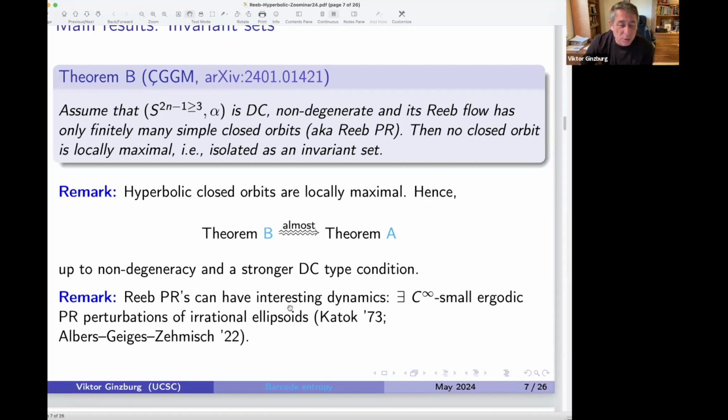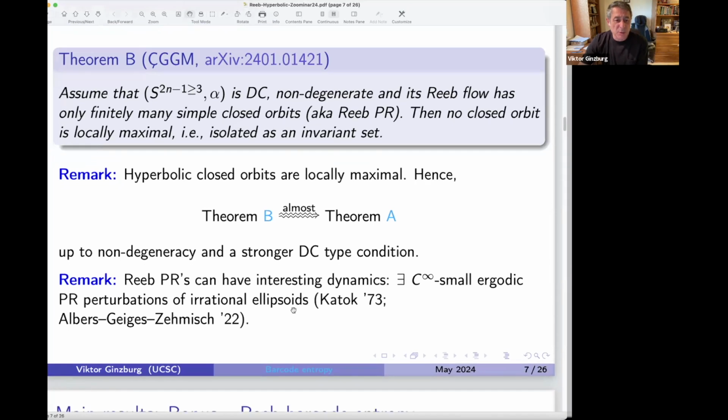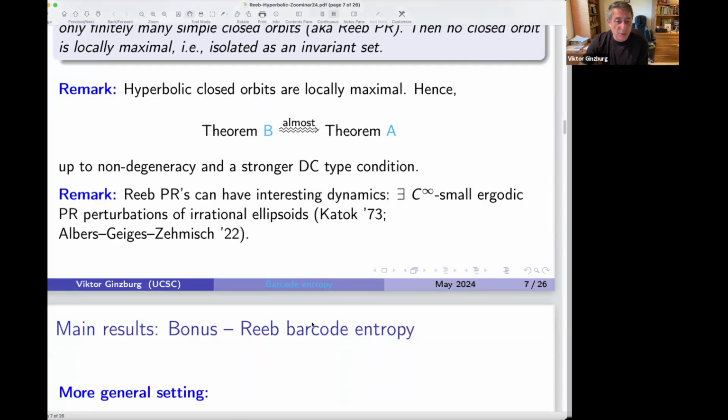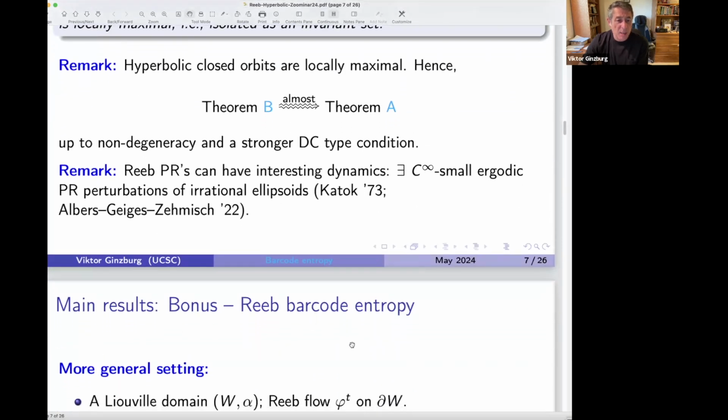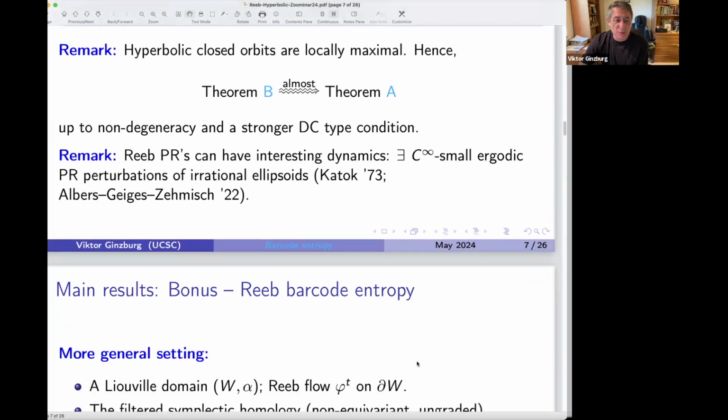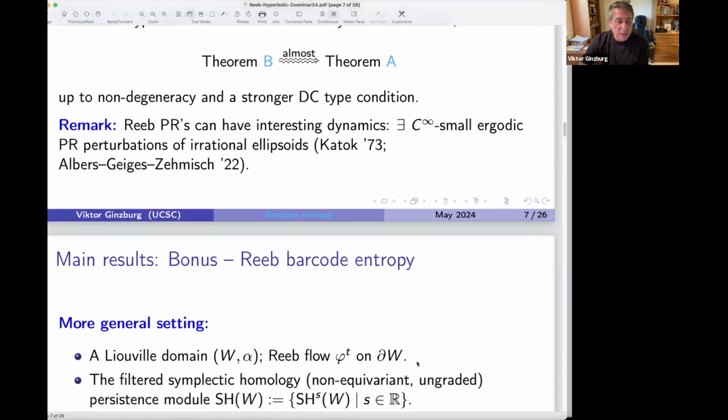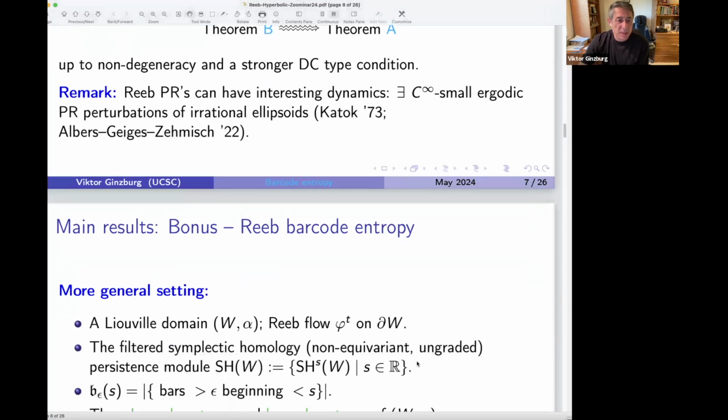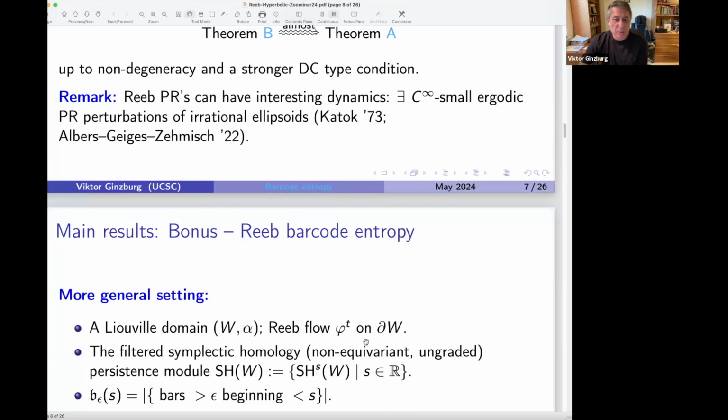So these are the two main results we are going to talk about, and there is also an extra bonus more related to the methods we are going to use. So let's go through it. It has to do with the Reeb barcode entropy, and here we can work with a general Liouville domain.